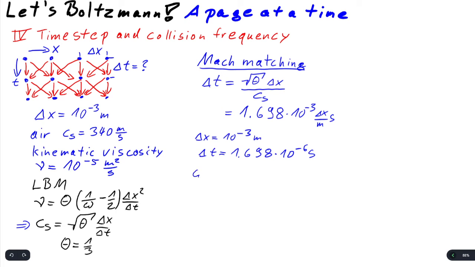Our collision frequency omega can also be resolved from this equation as being nu, the kinematic viscosity, divided by the dimensionless temperature theta, delta t divided by delta x squared, plus 1/2, and this to the power of -1.